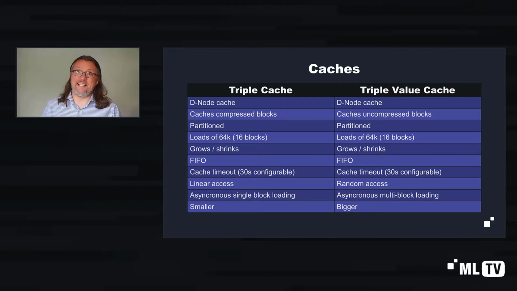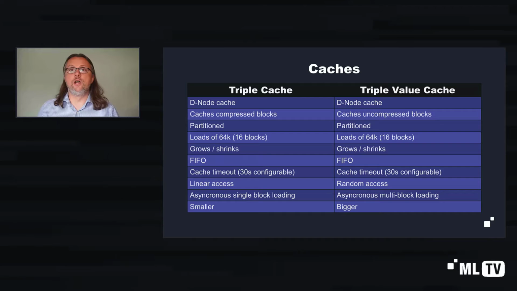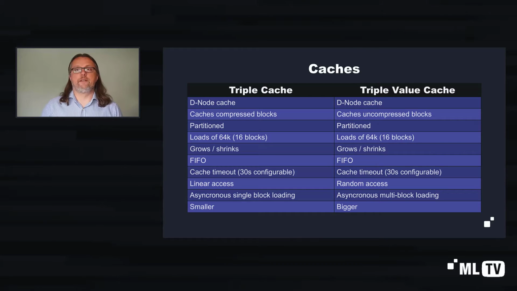So we're loading 16 blocks at a time. And the blocks that weren't directly asked for are loaded into the cache, but they can be released from the cache earlier. And so if they're not needed by a subsequent operation, there's minimal overhead to having read those extra blocks.